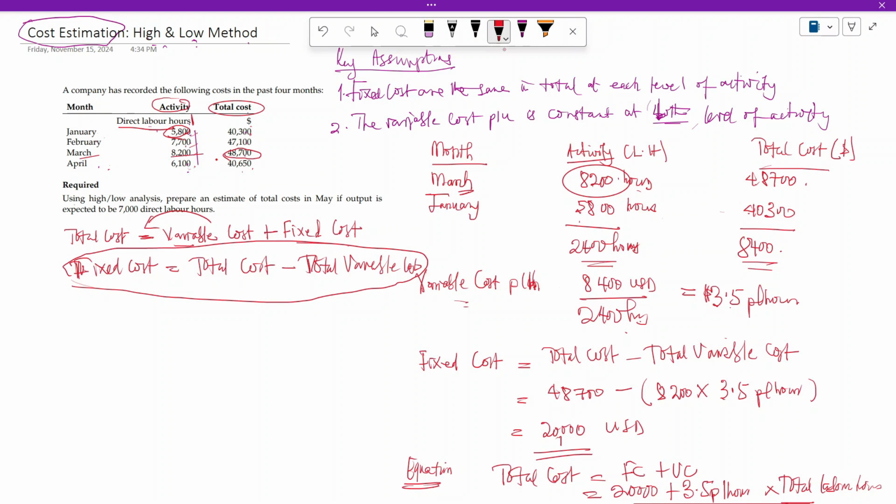Great. Now, let's go to the question. Using high and low analysis, prepare an estimate of total cost if output is expected to be 7,000 direct labor hours. Now we've already achieved this equation. You know that our total cost is 20,000 plus 3.5 times labor hours.